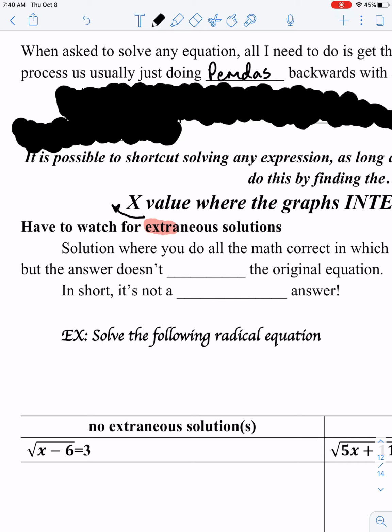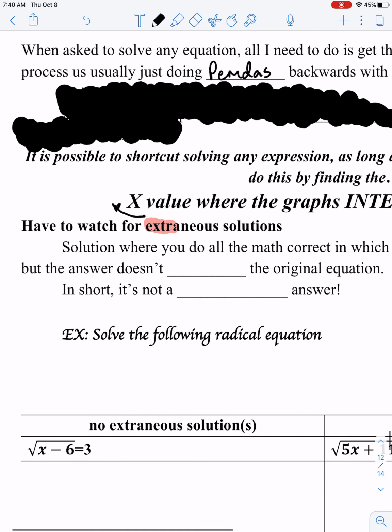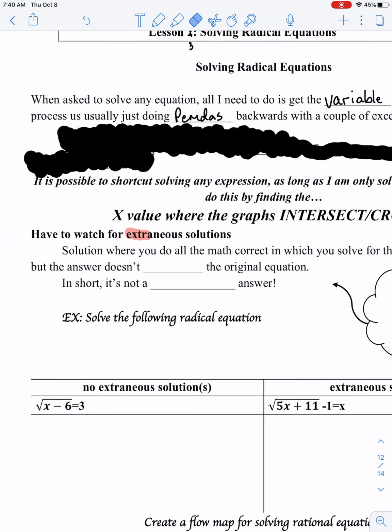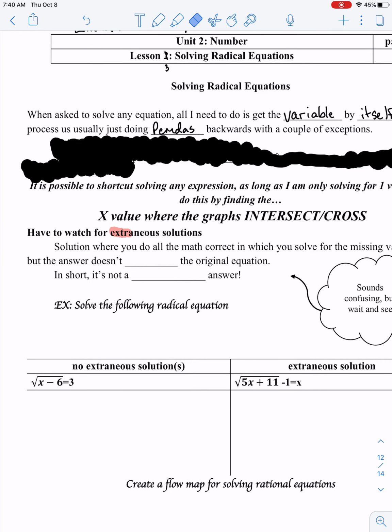So extraneous solutions are too much. Strain, right? If somebody puts a strain on your life, they're kind of making it difficult. So extraneous solutions are just extra solutions that don't really do anything, or don't serve a purpose except to put strain on us because they don't even work.